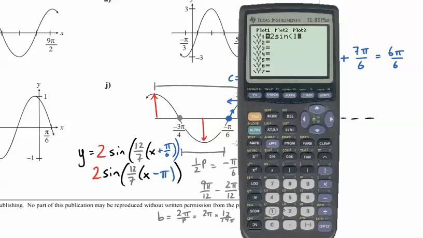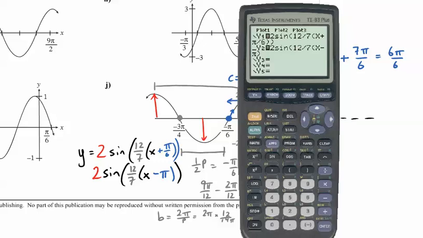2 sine 12 over 7 x plus pi over 6. Let me graph both of them at once. 2 sine 12 over 7 x minus pi. I'll graph the second one just a little bit darker.